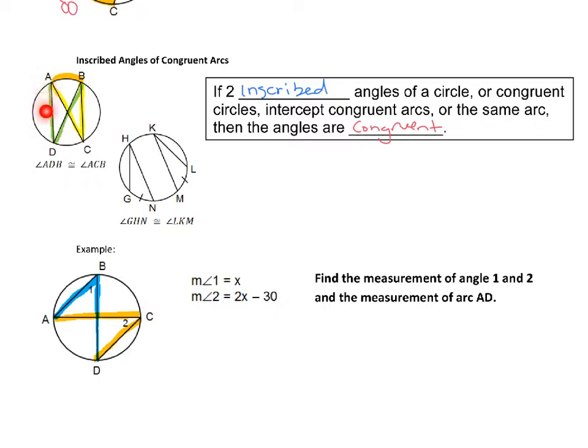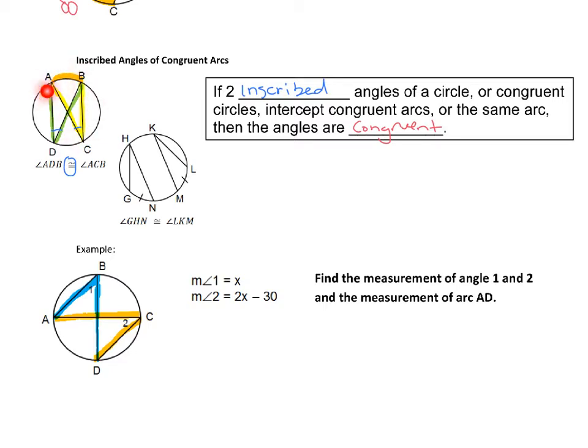I'm looking at angle ABD, that's my first inscribed angle, and angle ACB, which is in yellow here. I can note that those two angles have the exact same arc that they're sharing. They both share arc AB. So because of that, we can state that these two angles will be congruent.